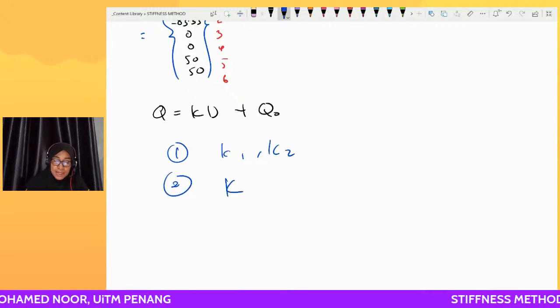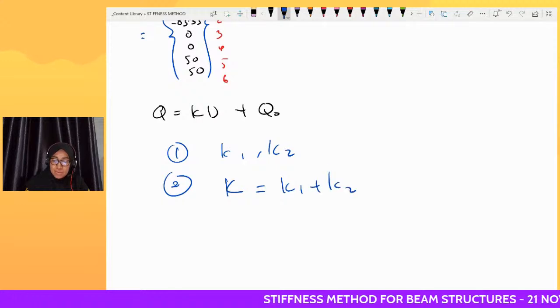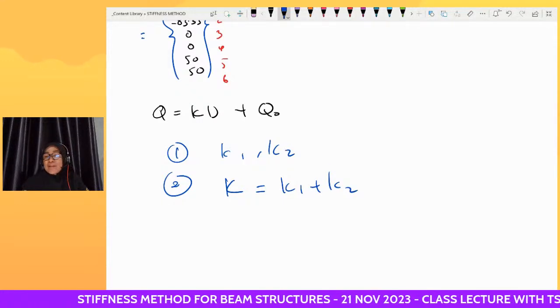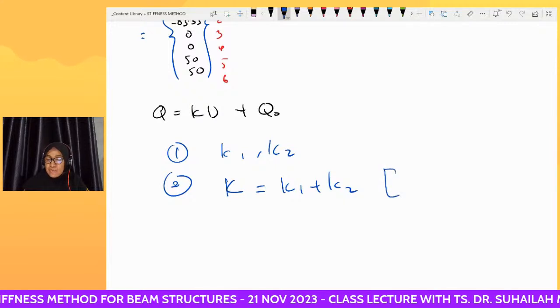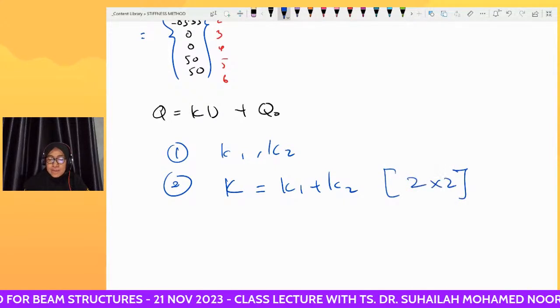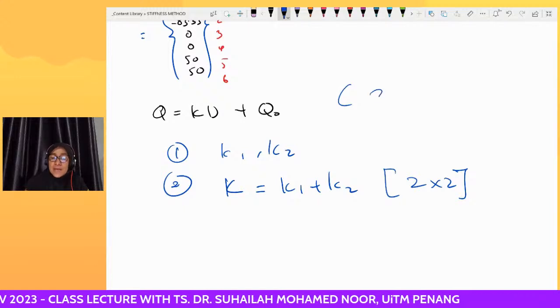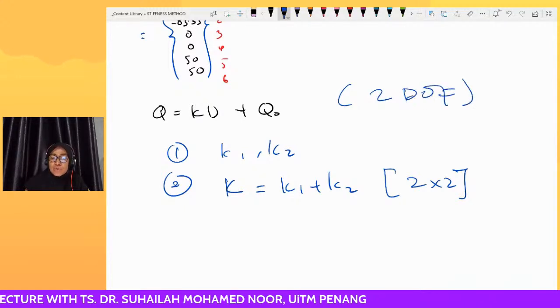You have to combine K from K1 plus K2, but you don't need to give it in full as well. Just give 2 by 2, depending on the degrees of freedom. If the unconstrained system has 2 degrees of freedom, we give 2 by 2.